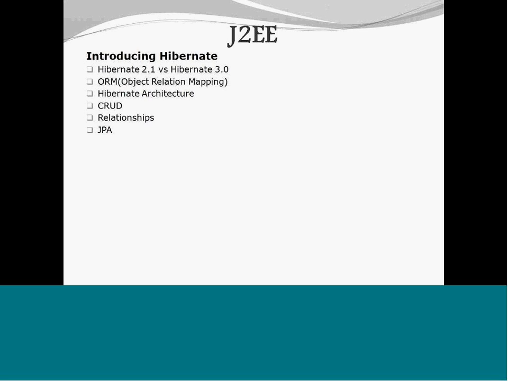It has been designed by JBoss, which owns the Hibernate library. JPA is the core Java Persistence API, which Java introduced in its J2EE paradigm: how you persist your objects in the database and how you interact with it.